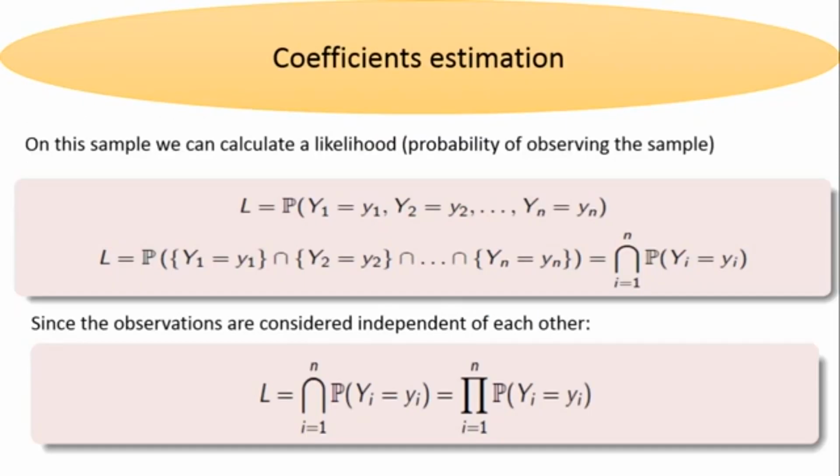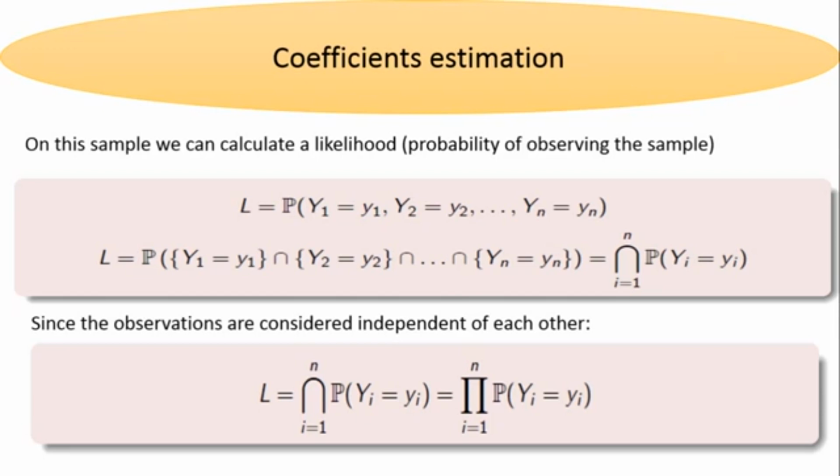So in the maximum likelihood method, the first thing is to write the likelihood of our joint function. The likelihood is the probability of observing our sample.